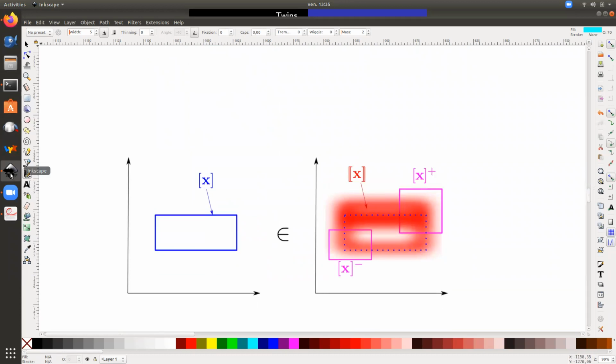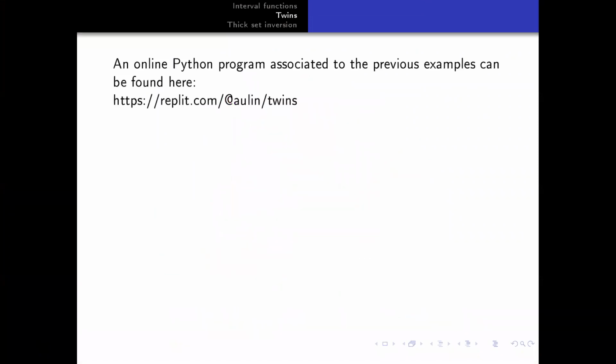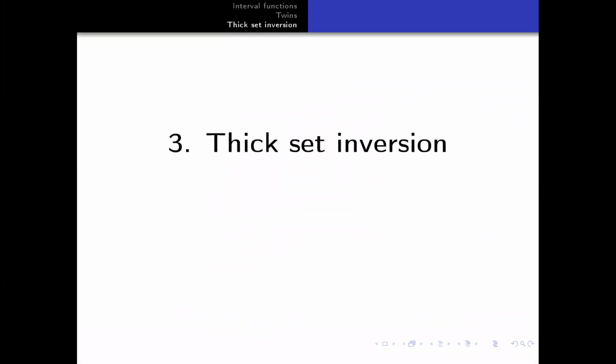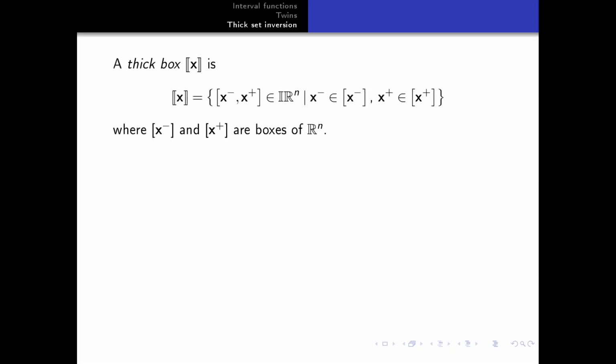So let me continue. Now about the application: it is thick set inversion. What is a thick box first? Not a twin, but a thick box. I could have called it a twin box, but I'm not sure, so we could call it a thick box. So I will try to introduce what it means.